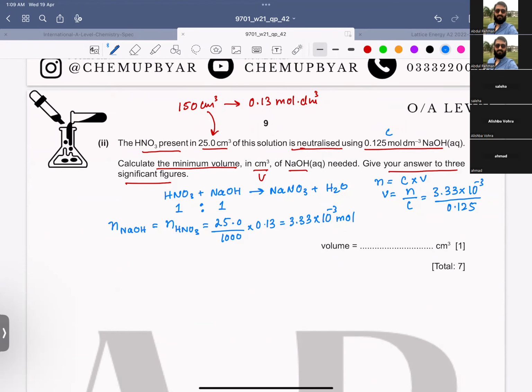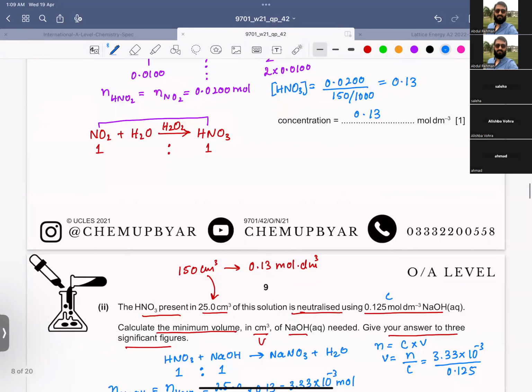One minute, let me check. We have initially 0.02 divided by 150 and divided by 1000. So 0.1333.